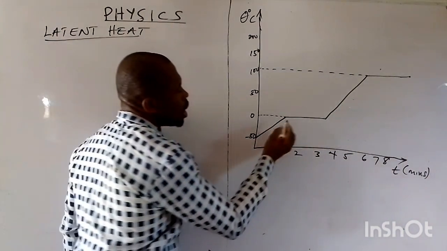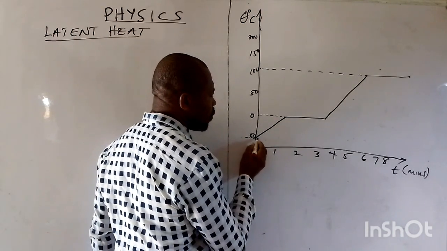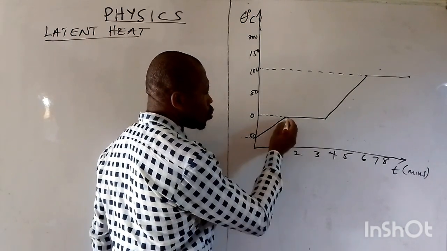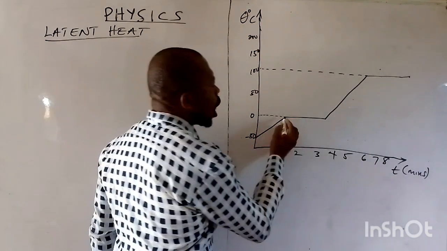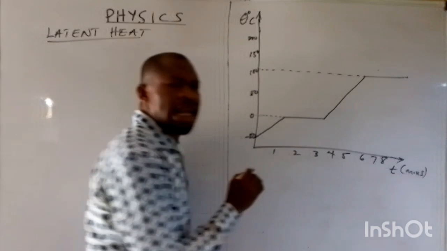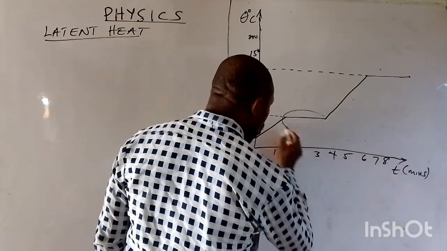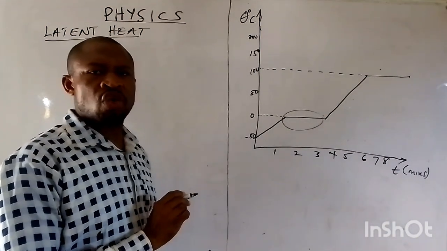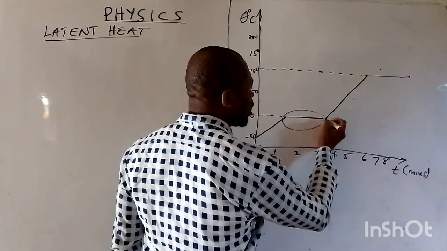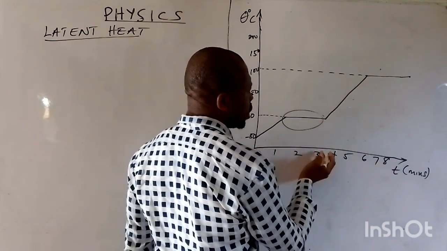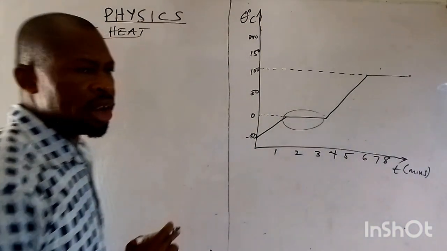So here we can observe that from minus 50 up to 0, we have an increase in temperature. Now, on getting to 0, it maintains a constant temperature. So at this point the temperature remains constant. Now, after a while, it can start to increase again.